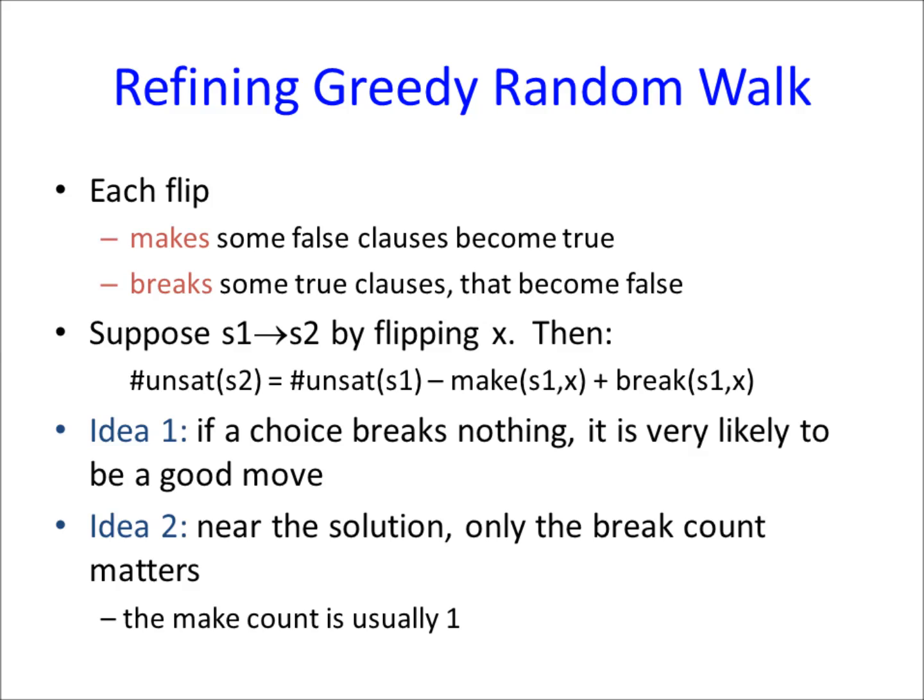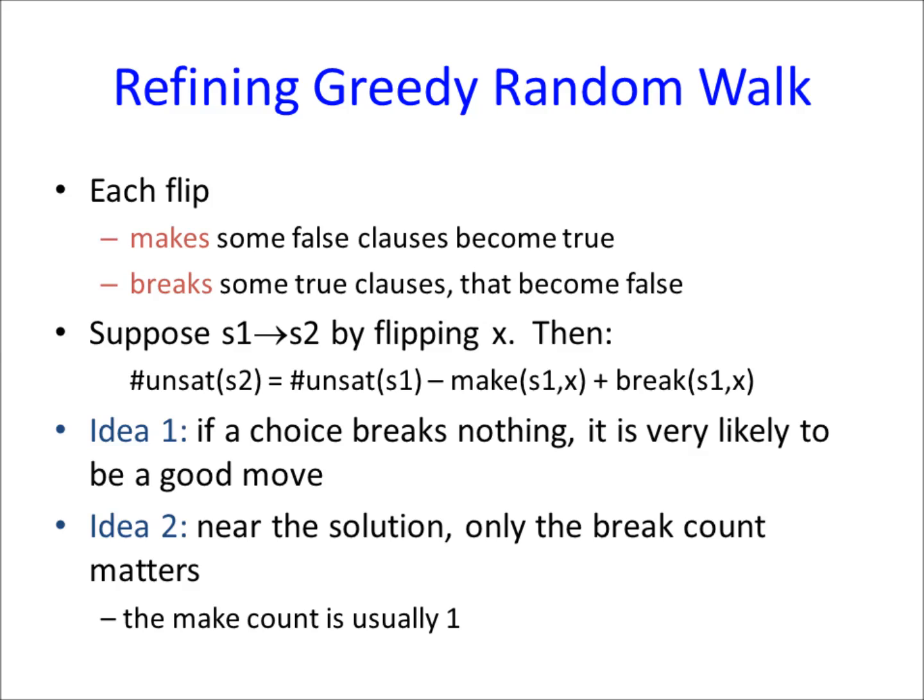It might make lots of other clauses false, but it's most likely going to make just one clause true. So for each variable, we assign a make number, the number of clauses that it makes true, and a break number, the number of clauses that it makes false. Of course, if it breaks nothing, we should assign it. But near the solution, it's mostly the break count that matters because the make count is usually 1.